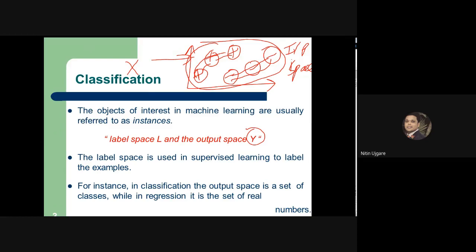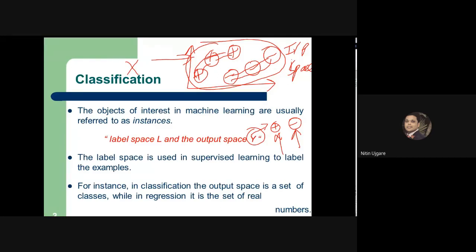In this example, Y has 2 types of values, positive and negative, so Y is further classified into 2 classes: the positive class and the negative class.